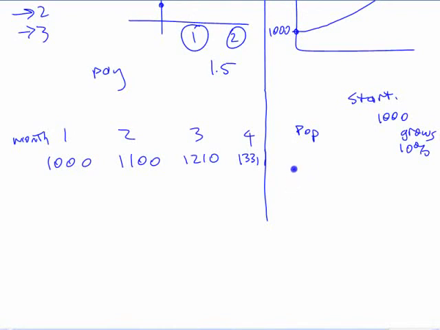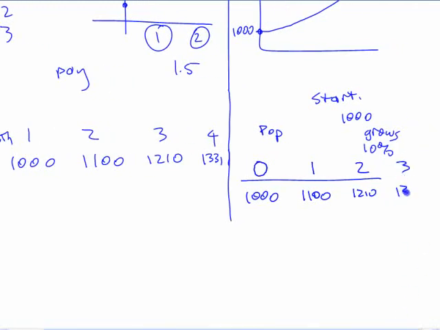If we were making a chart for this, at time equals 0, what population do we have? You have 1,000. After 1 year has gone by, what's your population? If it's growing at 10%, you got that same value over there. After 2 years, you have 1210. After 3 years, you have 1331.